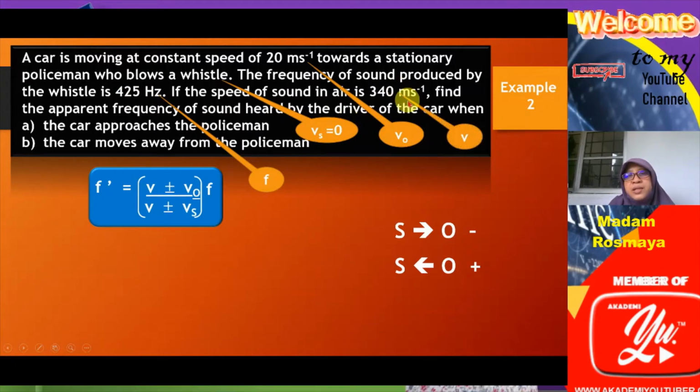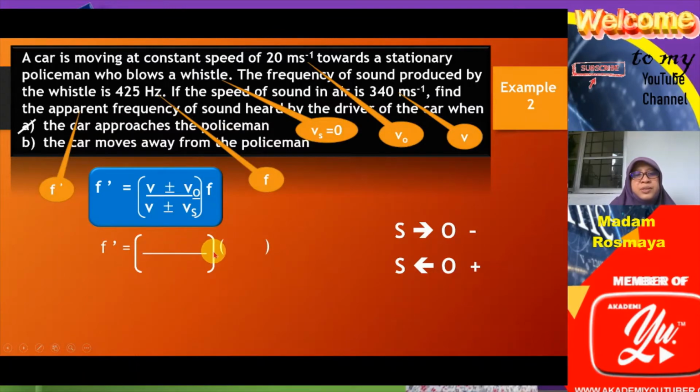The speed of sound in air is 340 meters per second, v. The apparent frequency is what we are going to determine, f'. For question A, the car approaches the policeman, so the observer approaches the source. From the equation, we substitute the frequency first, 425, and the speed of sound, 340 meters per second. Then we determine the sign for observer velocity and sound source velocity.